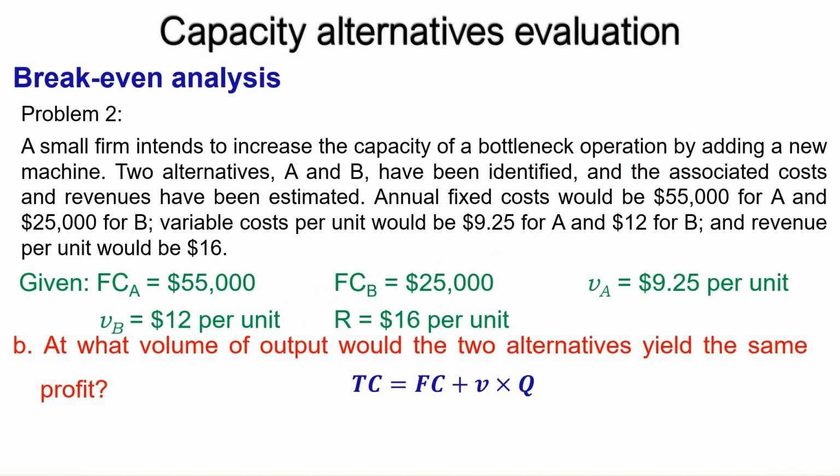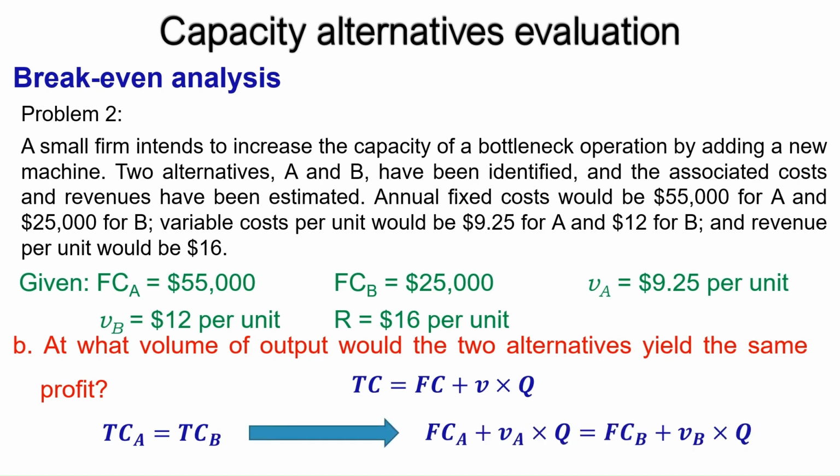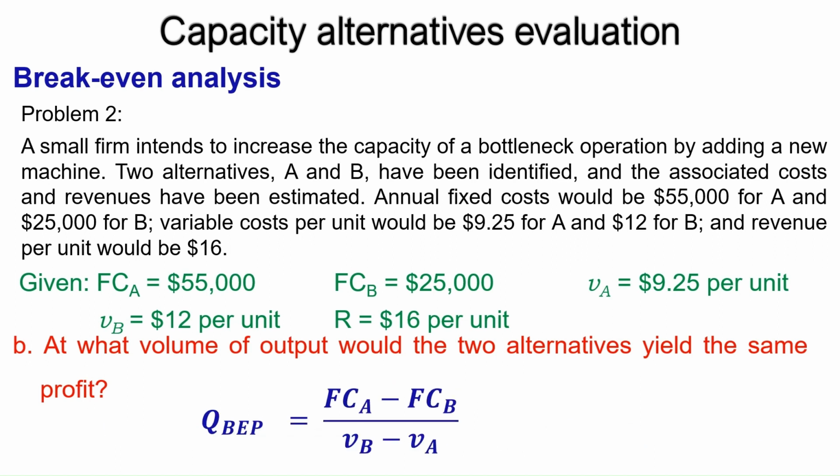Generally, the total cost, TC, equals FC plus V multiplied by Q. So, TC_A equals FC_A plus V_A multiplied by Q, and TC_B equals FC_B plus V_B multiplied by Q. Setting TC_A equal to TC_B results in FC_A plus V_A multiplied by Q equals FC_B plus V_B multiplied by Q. Rearranging this equation and solving for Q gives Q_BEP equals FC_A minus FC_B divided by V_B minus V_A.